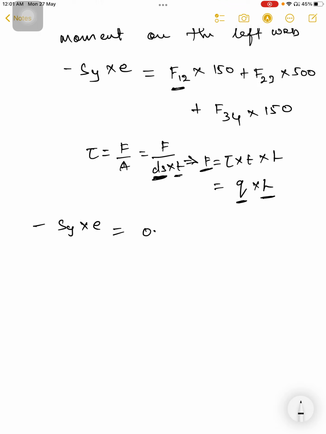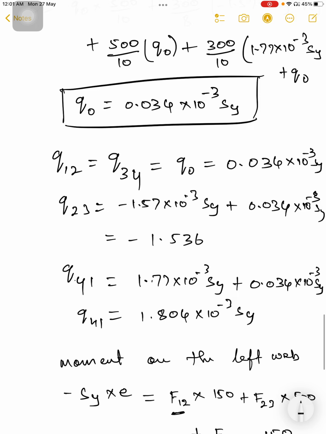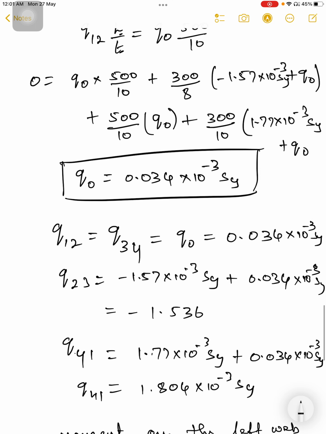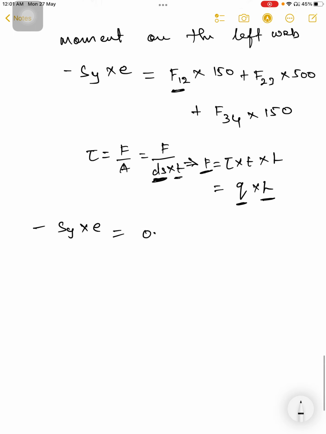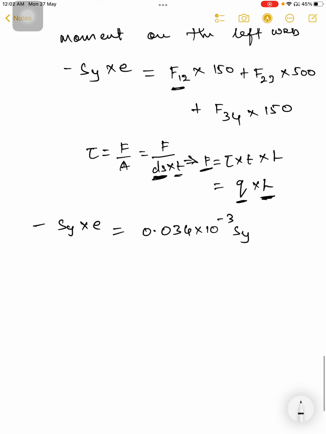Q12, what is Q12? Q12 is 0.034 into 10 power minus 3 SY into the length. So 1 to 2 length is 500 into 150. So that is the moment.